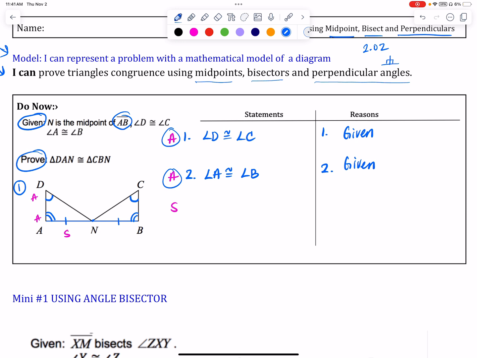Now, sides. We know that AN is congruent to NB, but we only know this because of the given: N is the midpoint of AB.